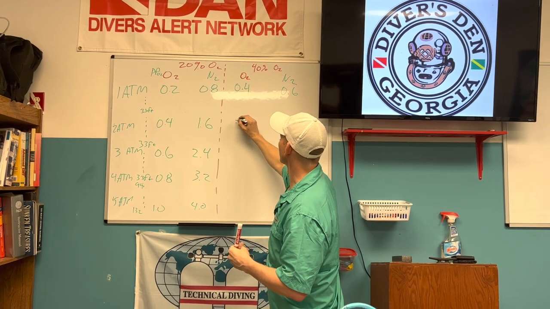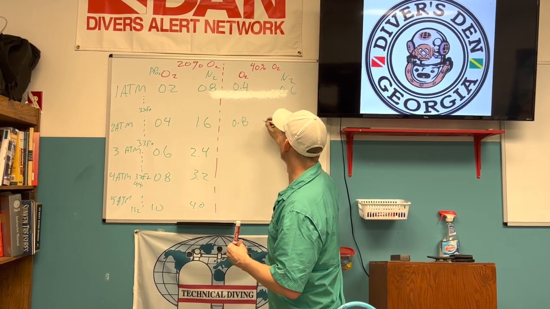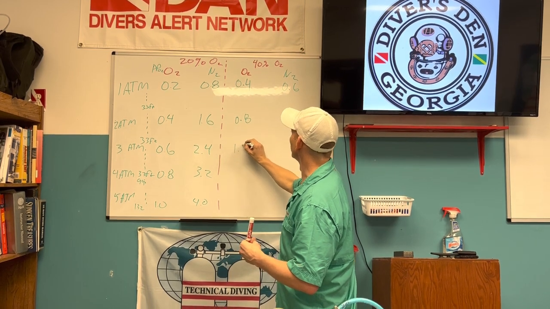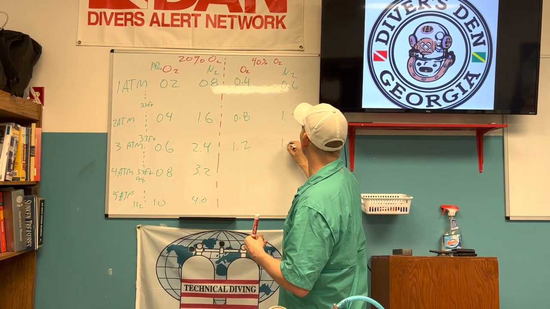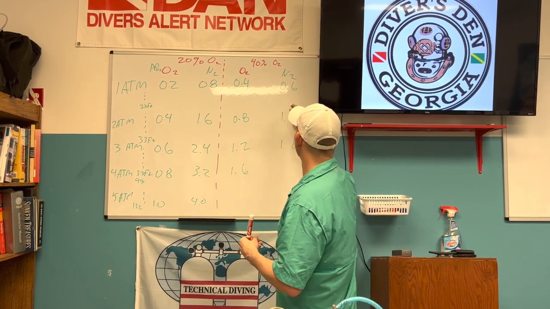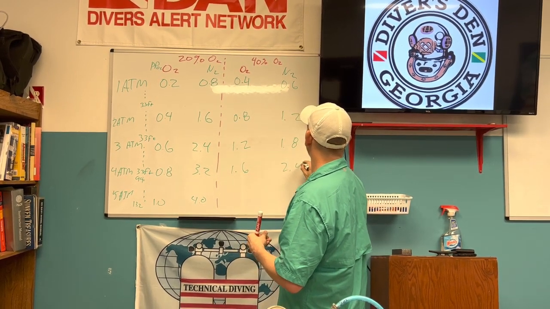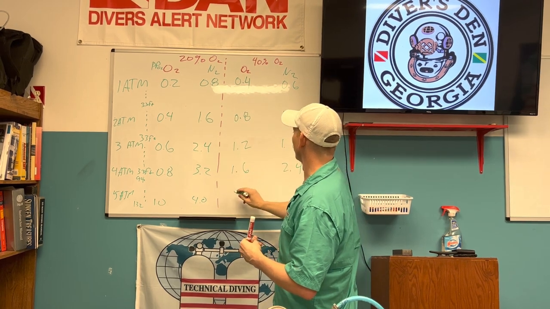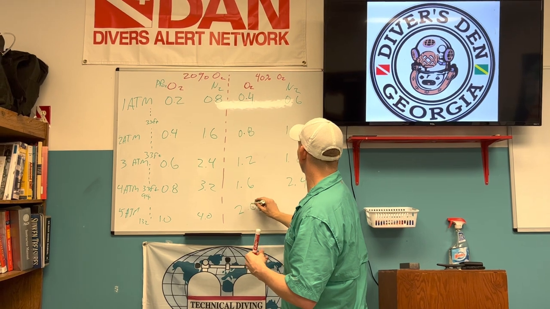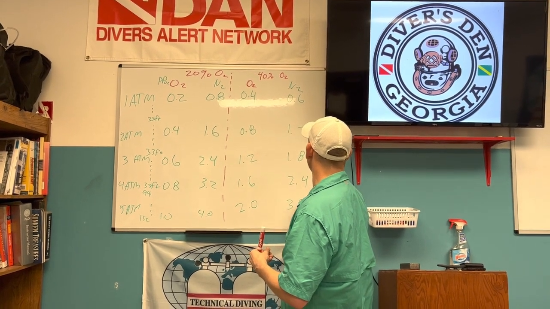At 2 atmospheres, it's going to be 0.8 and 1.2. At 3 atmospheres, it's going to be 1.2 and 1.8. At 4 atmospheres, it's going to be 1.6 and 2.4. And at 5 atmospheres, it's going to be 2.0 and 3.0.